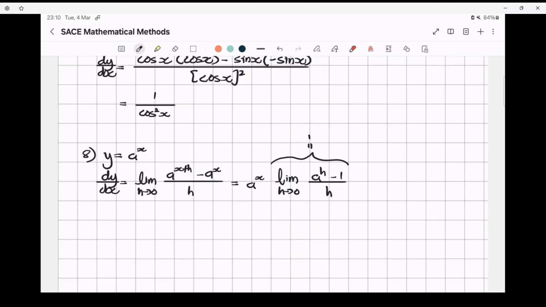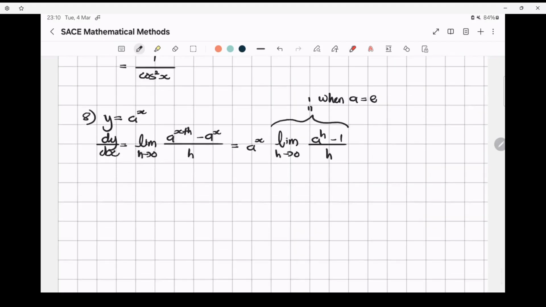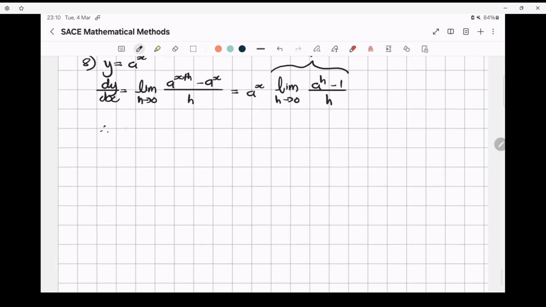We can't really evaluate this particular limit, so what we will do instead is to set this limit equal to 1, and it happens when your a is equal to the Euler's number e. So therefore, when y equals to e to the power of x, when you differentiate this, it gives you the same thing.